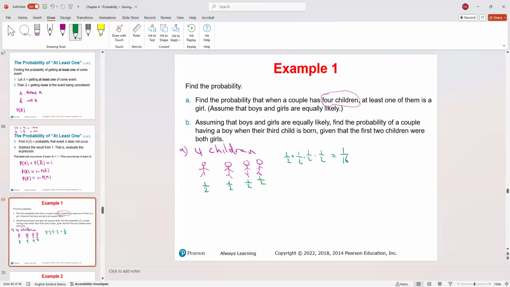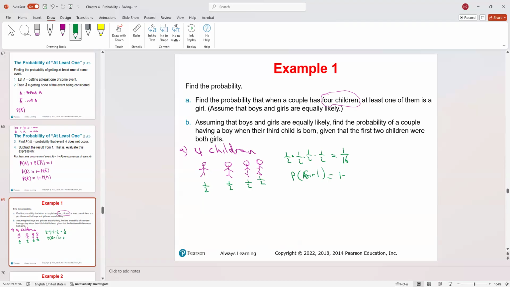Now, look, this is the probability that all of them are girls. So if you want to know at least one is a girl, you need to subtract it from 100%. You need to subtract 1/16 from 100%.